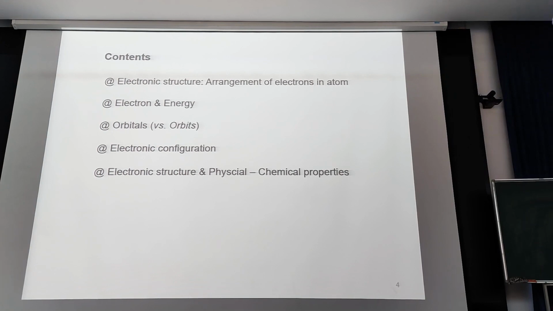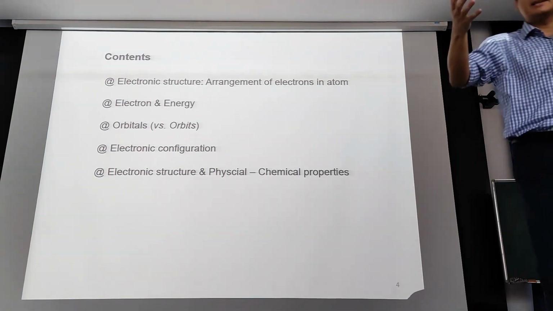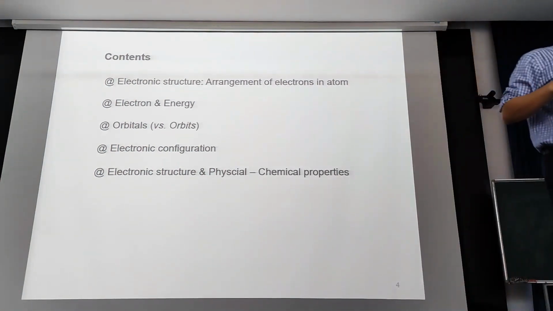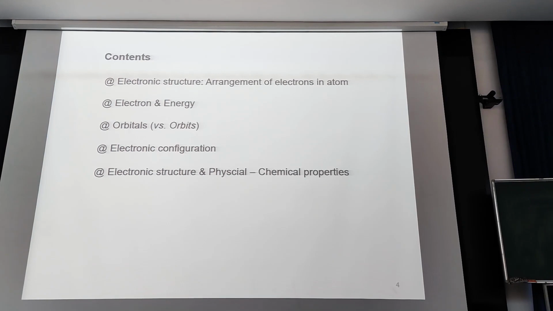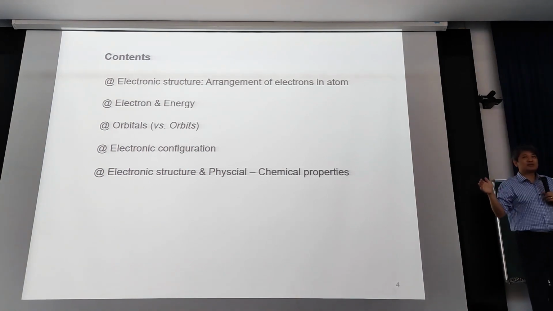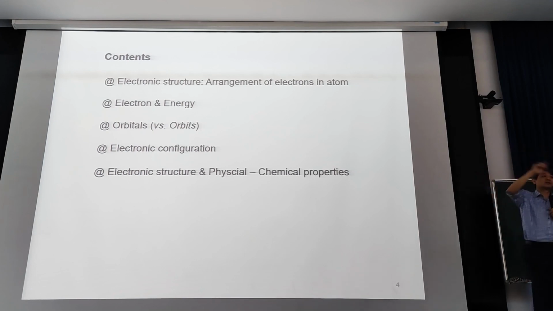When you have higher energy, you are more active but also less stable. When you are at lower energy, you are more stable and less active. So we will see the relationship between the arrangement of the electrons and their energy.